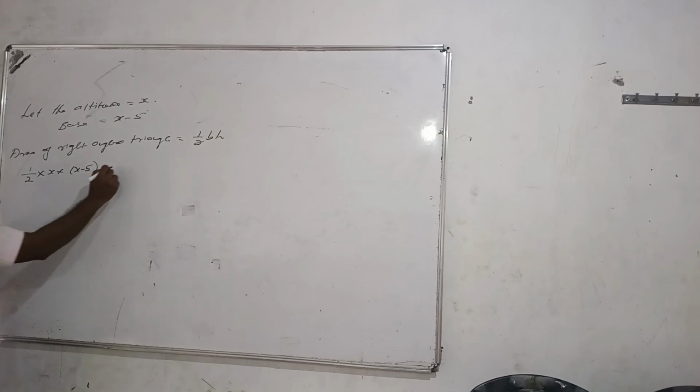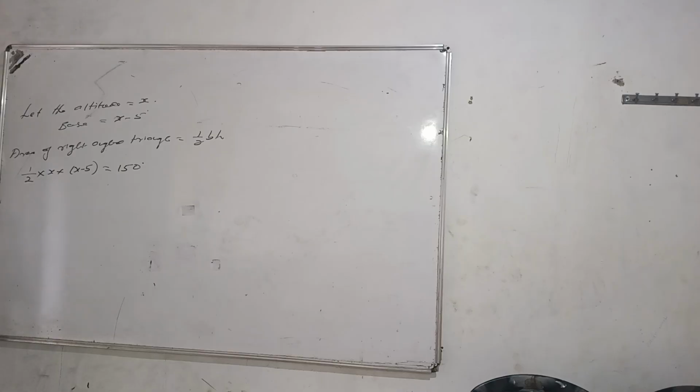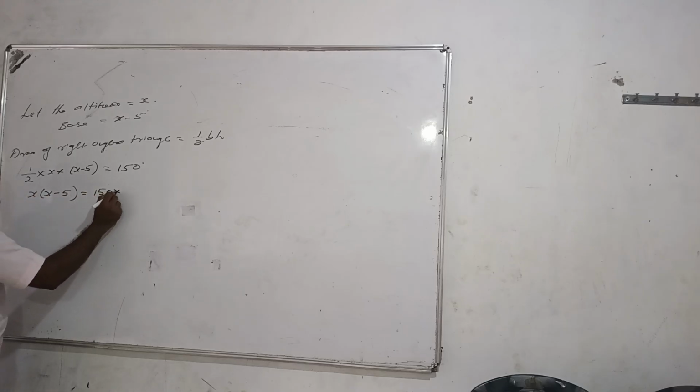It is given, the area of the triangle is given 150. So we can write like this: half into x into x minus 5 equal to 150. You can simplify it: x into x minus 5 equal to 150 into 2.